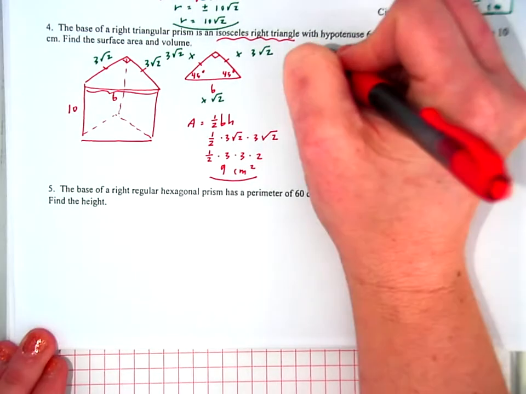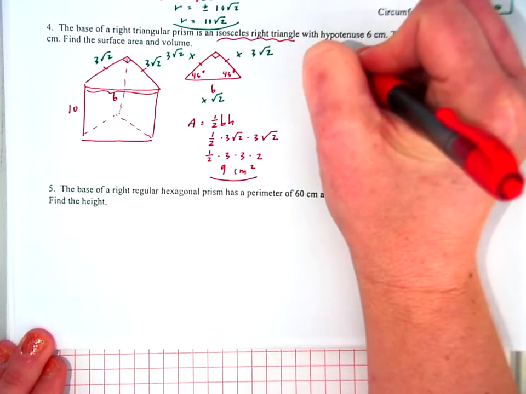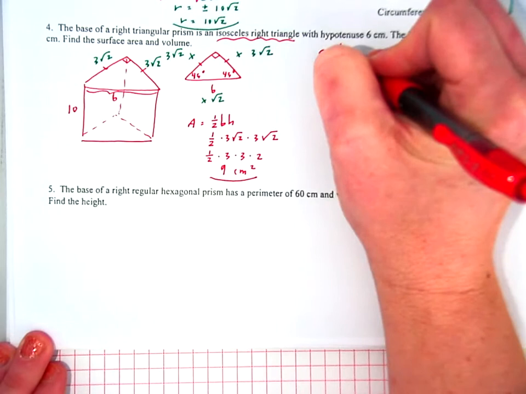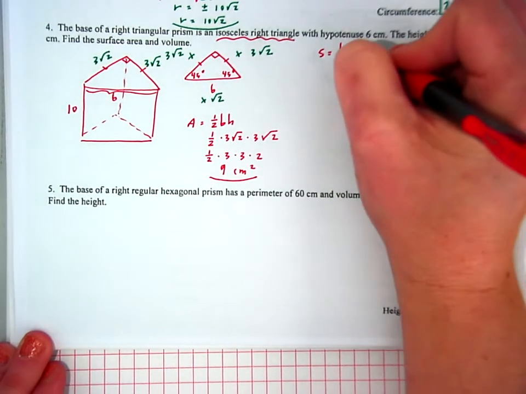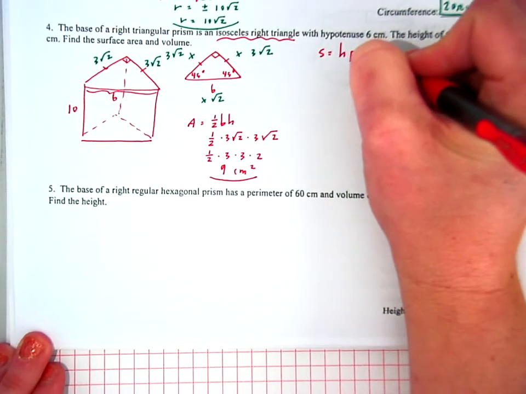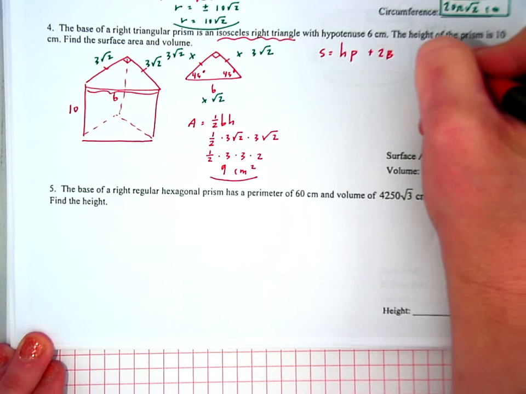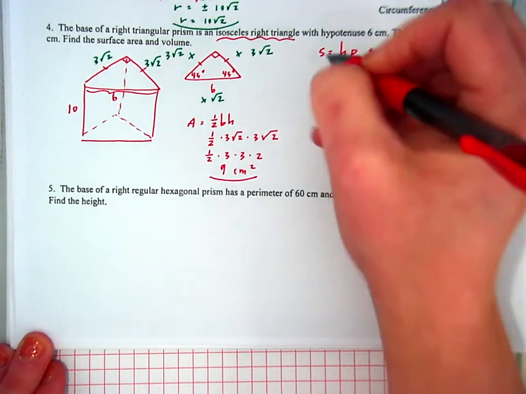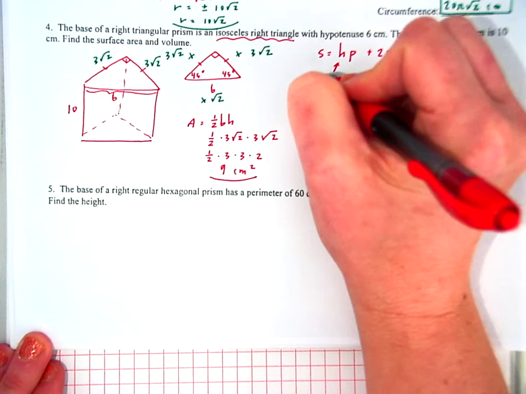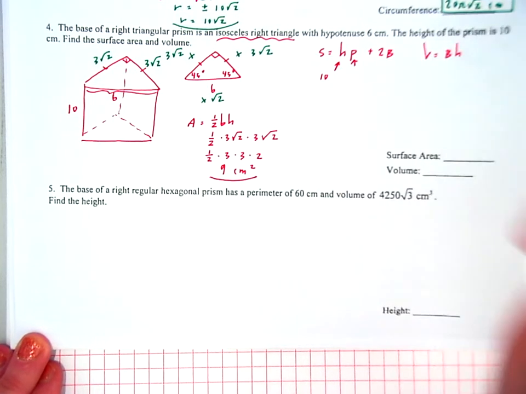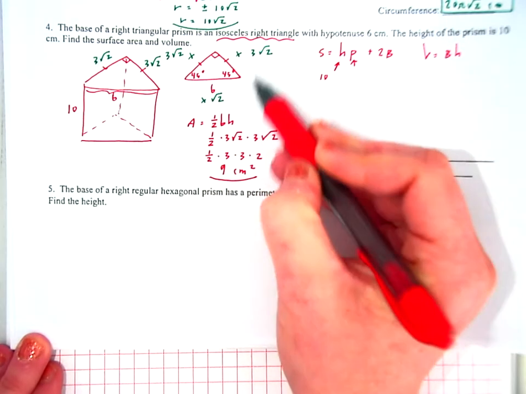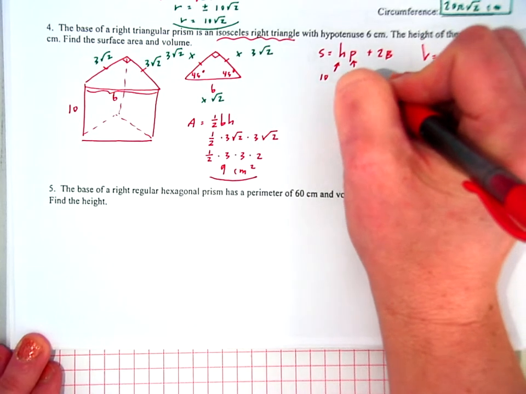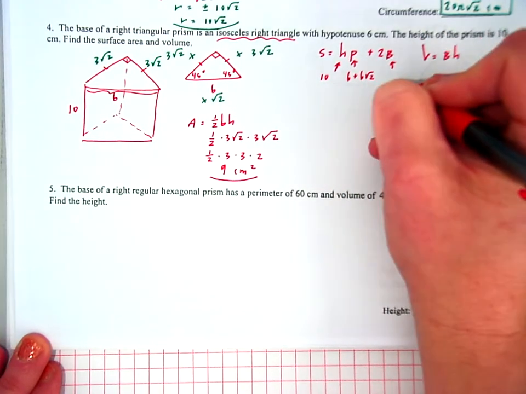So my surface area is the height of the prism multiplied by the perimeter of its base plus my 2 base areas. Volume is base area times the height. So my height of the prism, that's 10. The perimeter of the base, so if I add these up, I get 6 plus 6 root 2, and my base area is 9.